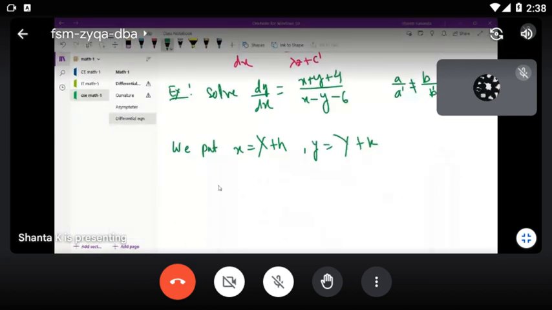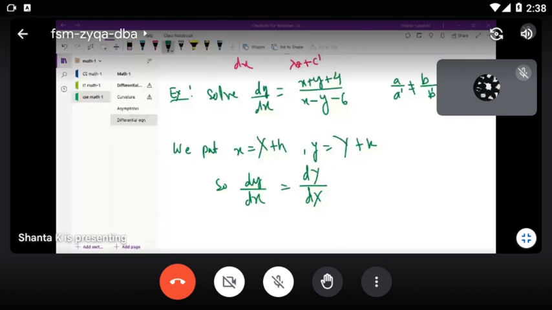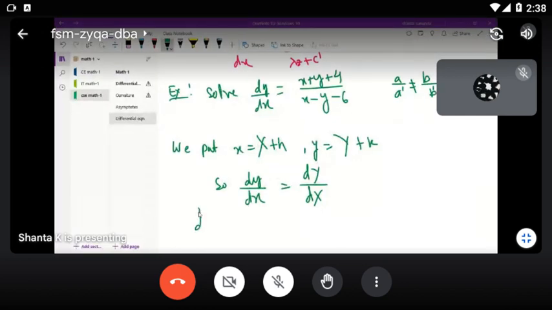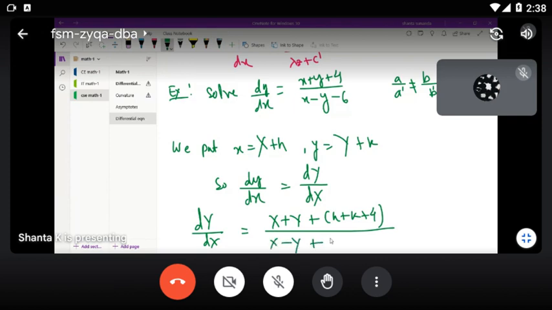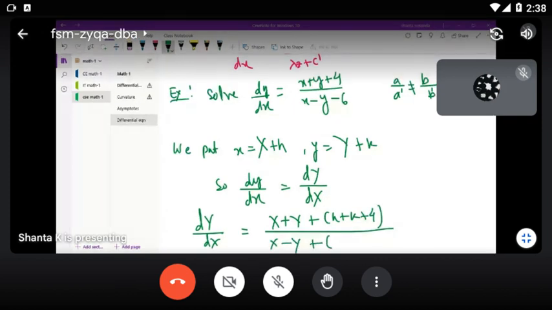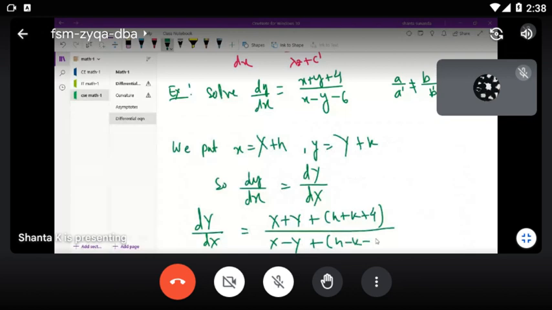So dy by dx, because a constant difference is there, if you substitute, we will have X plus Y plus h plus k plus 4 in the numerator, and in the denominator X minus Y plus h minus k minus 6.